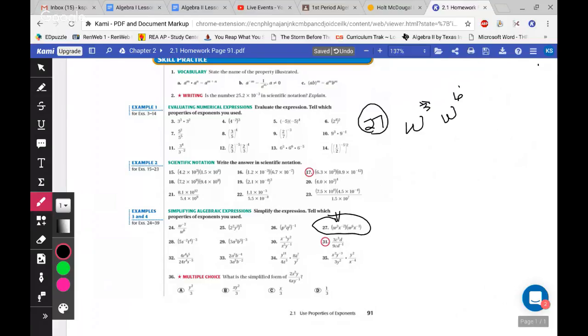So if I put each of the variables next to each other, maybe that'll clarify it a little bit more for you. What you're doing is actually combining the 3 and the 6, so I'll have W to the 9th, and combining the -2 with the -1, and that's going to give me X to the -3.